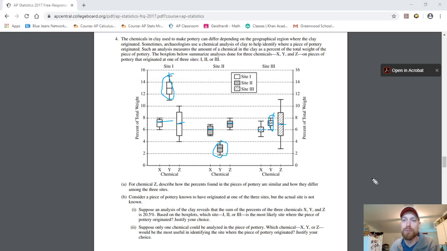If it's between 2 and 4%, you know it came from site 2. There is no overlap, and it's extremely useful in this case because there's no overlap. But it could be the most useful even if there was overlap. So, I don't know. I kind of disagree with them there.